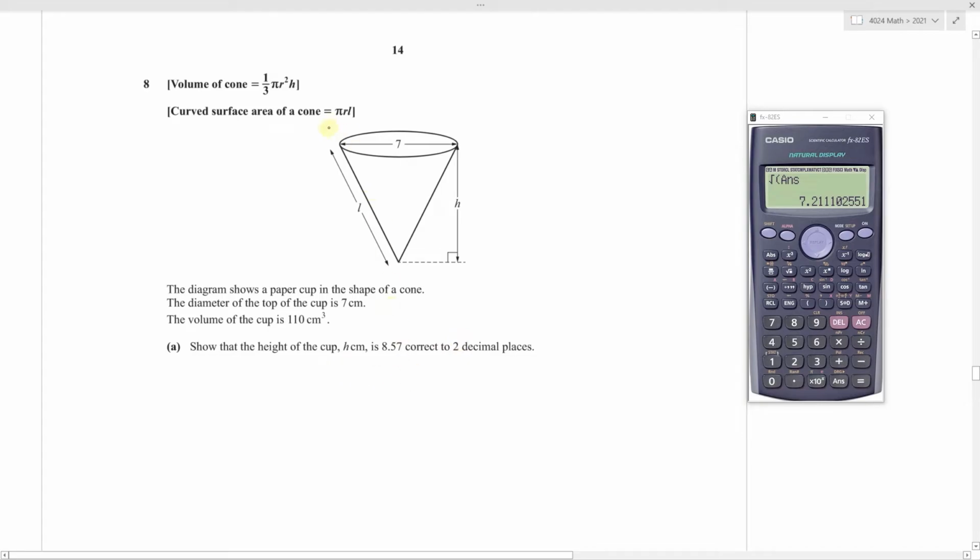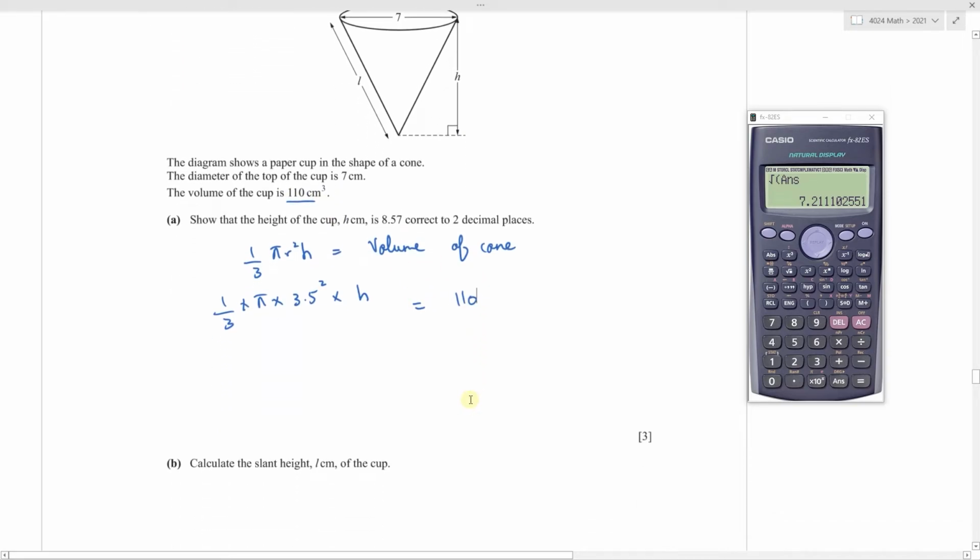So you know that the volume of a cone is 1/3 pi r squared h, equal to the volume of the cone. So 1/3 into pi into what is the radius? If the diameter is 7, the radius is 3.5 squared, into h which is unknown, and you are given volume 110.